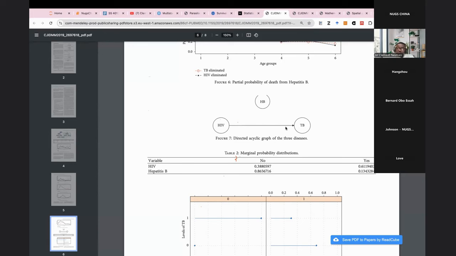There's no arrow joining hepatitis B to HIV or hepatitis B to TB. It is only joining HIV to TB, and it is coming from HIV, not from TB towards HIV. So we are not saying that people with tuberculosis have a high chance of HIV. We are rather saying that those with HIV have a high chance of having tuberculosis.